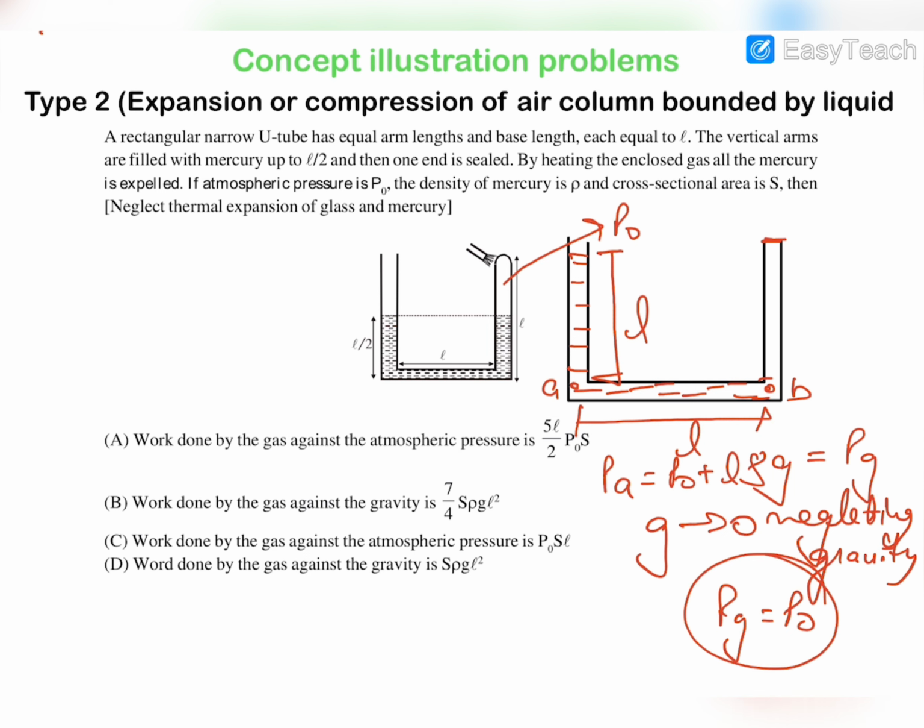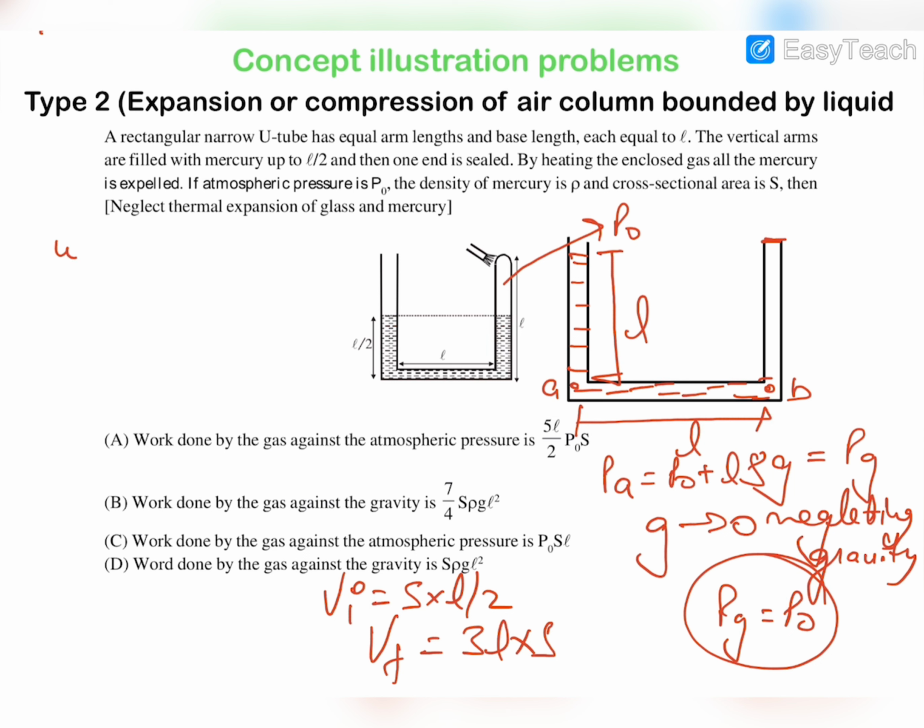Obviously the initial volume of the gas was S into L by 2, and when we completely expel the liquid out of the tube, then the complete tube will be occupied with the gas. So the final volume will be equal to the complete volume of the tube. In fact, this will be L, L and L, so this would be 3L into S, where S is the cross-sectional area, and this will be the final volume.